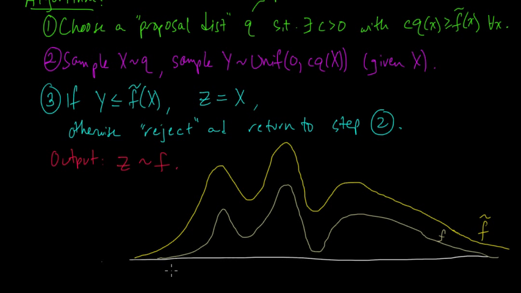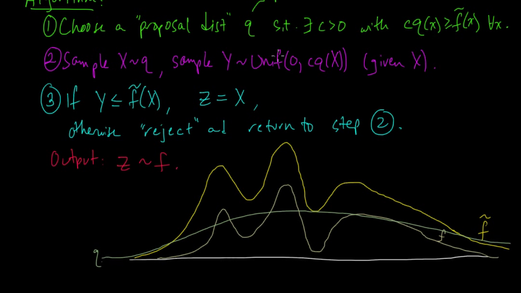And Q needs to be normalizable, so it's some distribution, and let's say maybe we do a Gaussian or something like that. Maybe it's something sort of like this. Maybe that's Q.